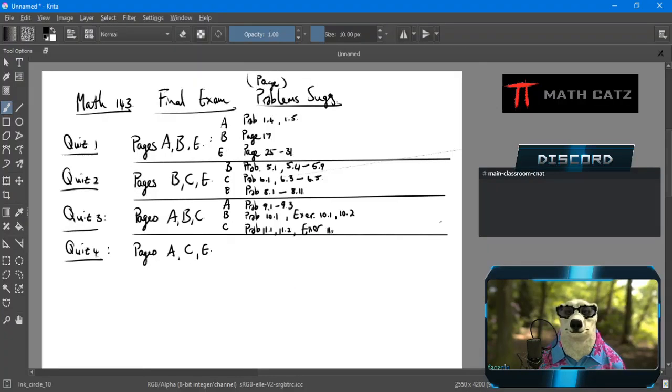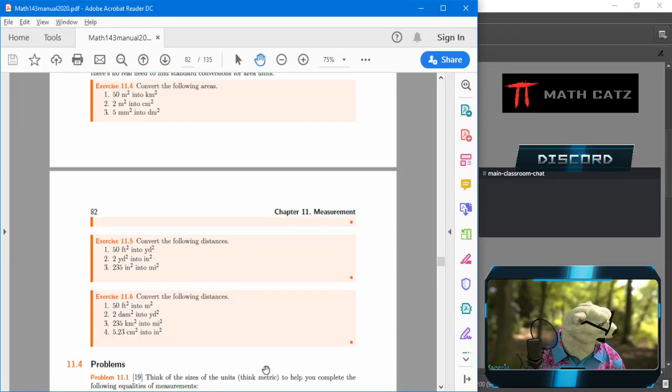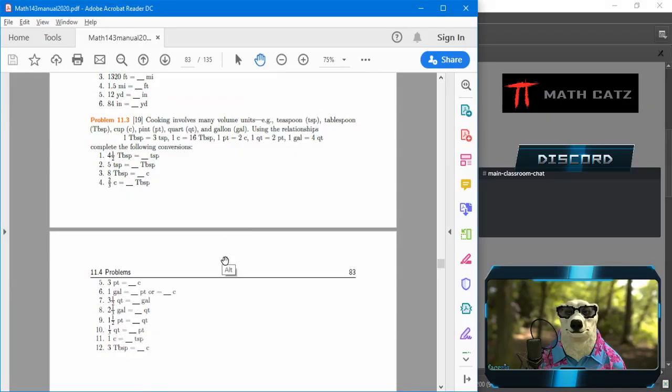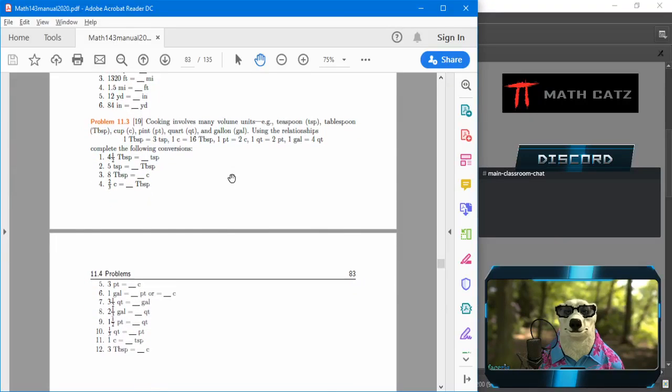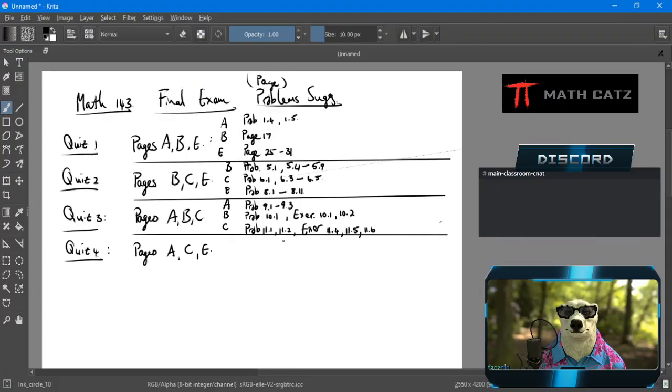Exercises 11.4, 11.5, 11.6. What is 11.3 and 4? I don't even see an 11.4. Okay. So those are going to cover everything for that portion.